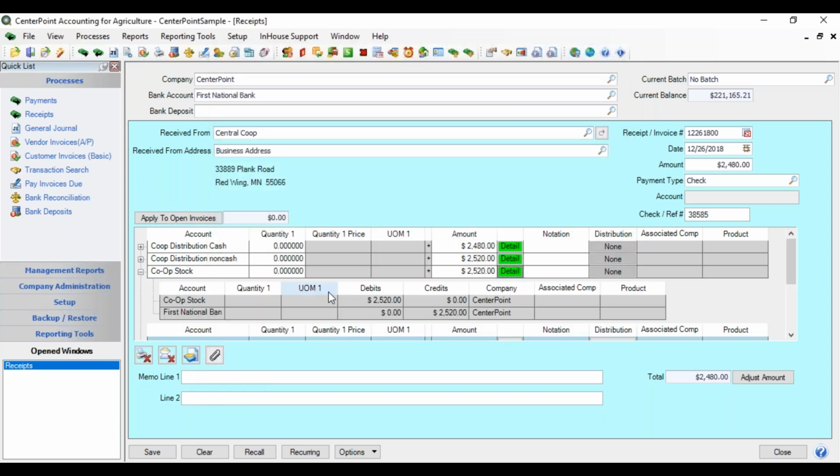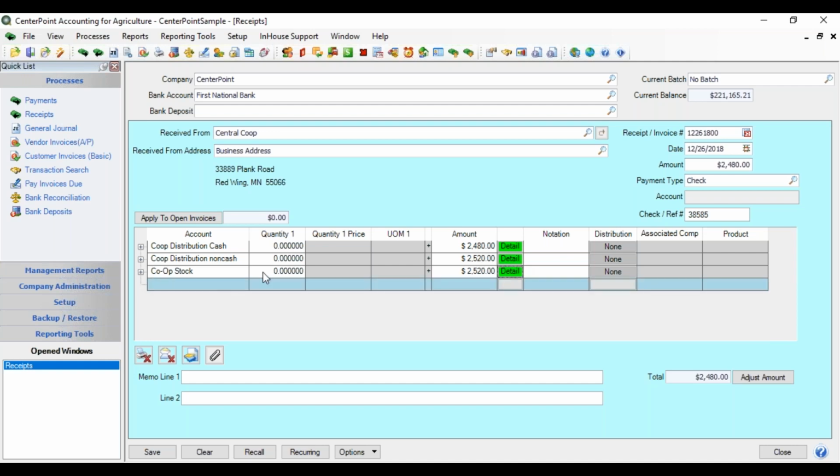And still, we have a debit to our co-op stock and a credit to our bank. So whichever way makes more sense to you will work perfectly fine, and the end result will be the same.